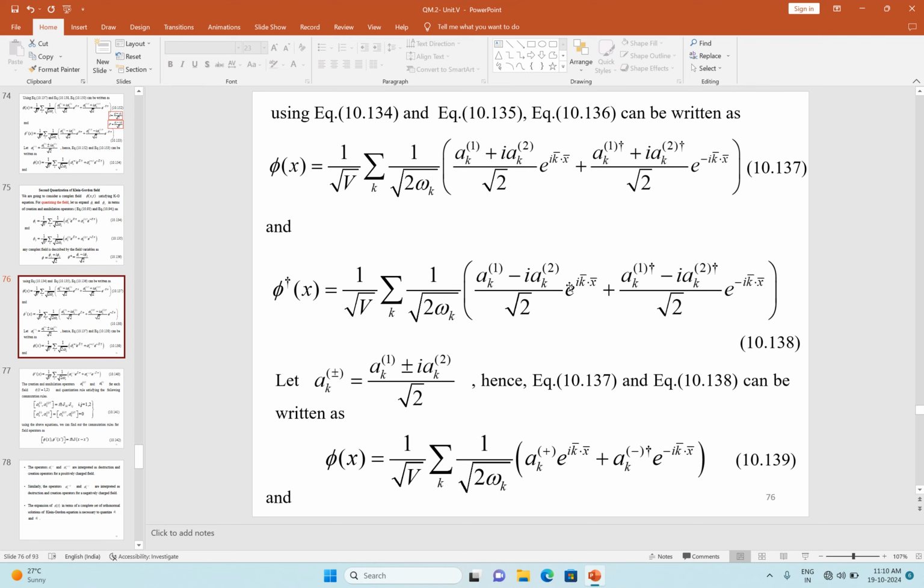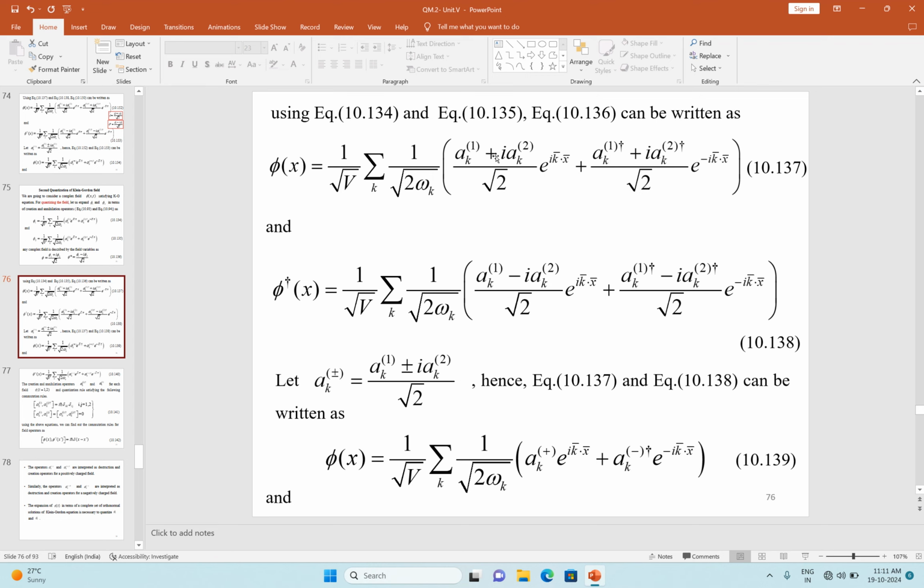So this is your phi dagger of x, and let a_k plus or minus equal (a_k1 plus or minus i a_k2) divided by root 2. Equations 10.137 and 10.138 can be written as follows. We combine these two equations using this idea, and phi of x becomes, look over here, use this term as I said earlier in equation 10.137, so this will become plus.